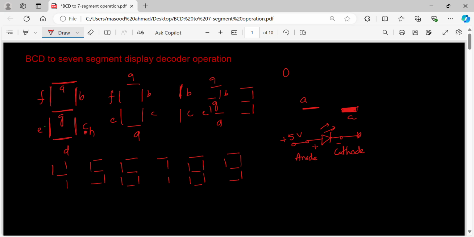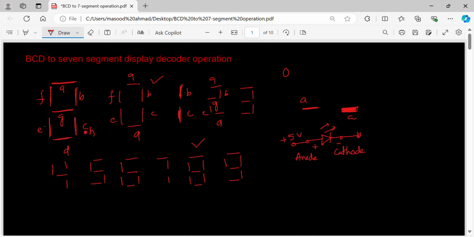If everything except G is glowing, it is showing 0. If B and C are glowing, it is showing 1. Likewise, we can see which segments have to glow. For example, if you want to show 8, everything has to be on.